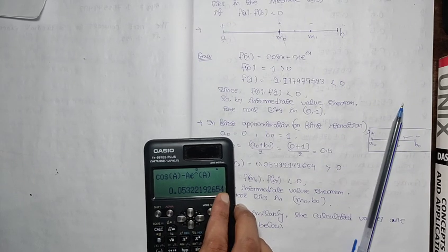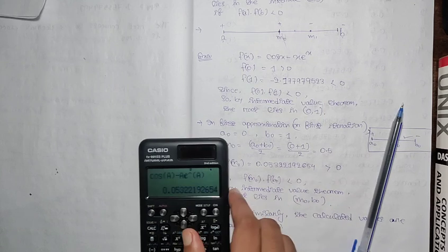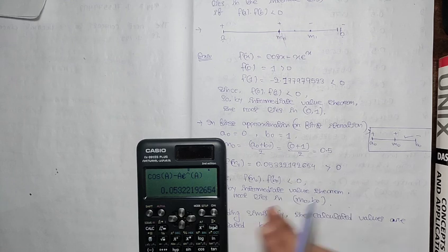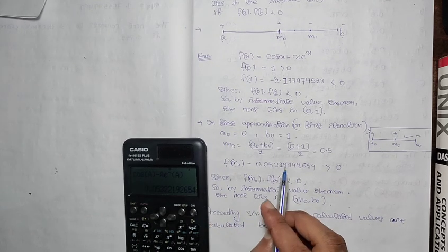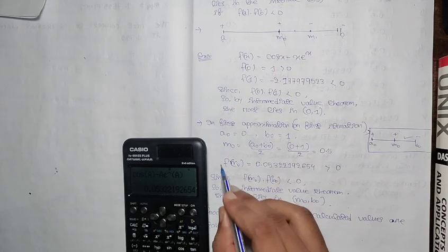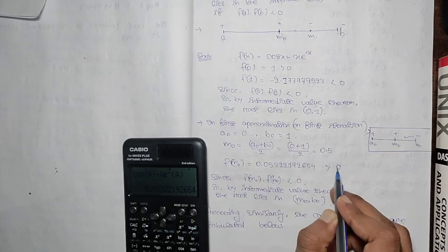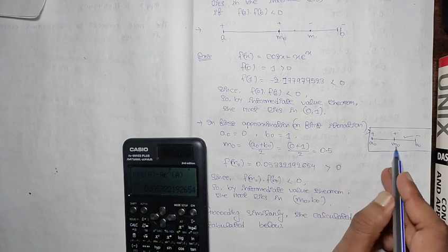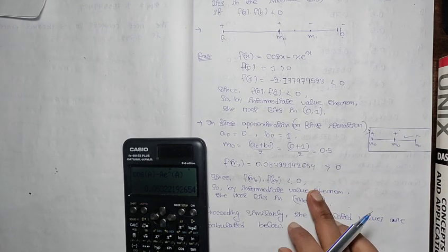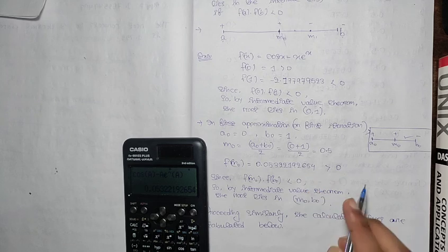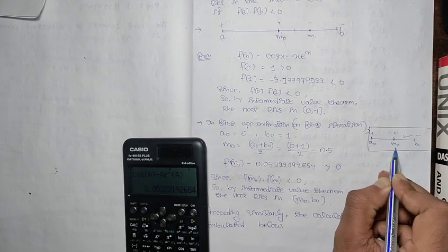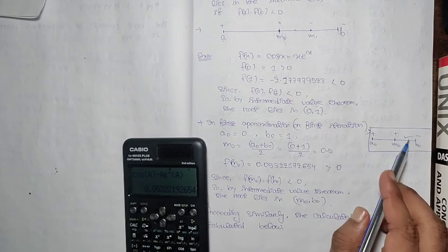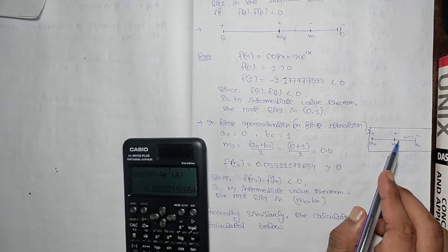See here, it is 0.0532 and so on, and this number is positive, greater than 0. As f of m0 is positive, the sign of m0 is positive. So according to the intermediate value theorem, the root lies between m0 and b0.